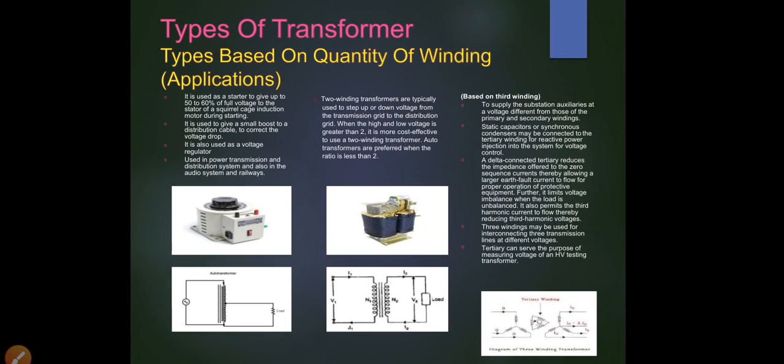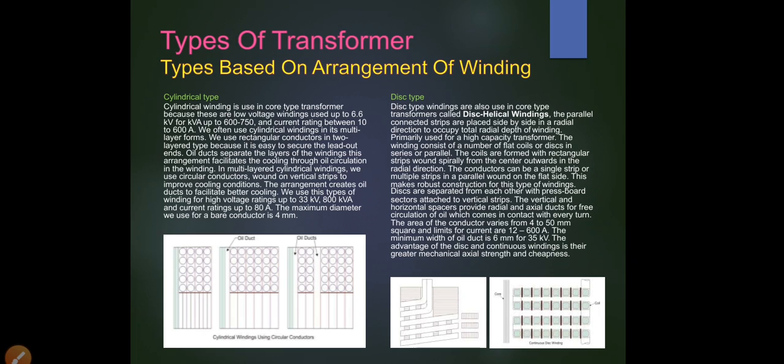Now we come to the types of transformer based on the arrangement of winding: the cylindrical type and the disc type. These are the two types of windings.